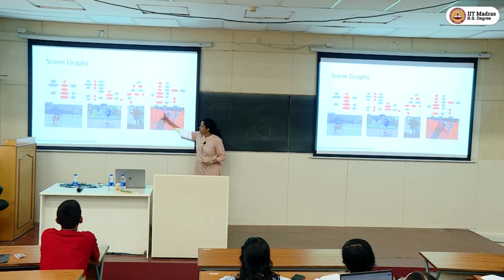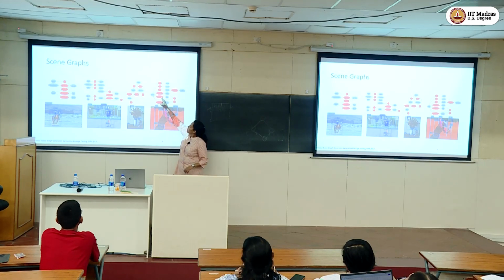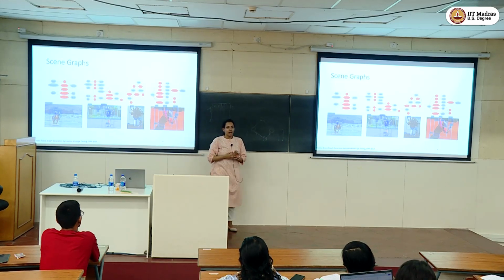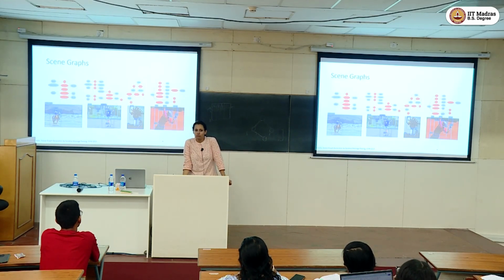Now, inside this man, there is a shirt. So, man wearing shirt, right? Man wearing hat, man wearing pant, has hand, arm 1, arm 2, and so on. So, there are many methods where you can actually extract a graph from these images.